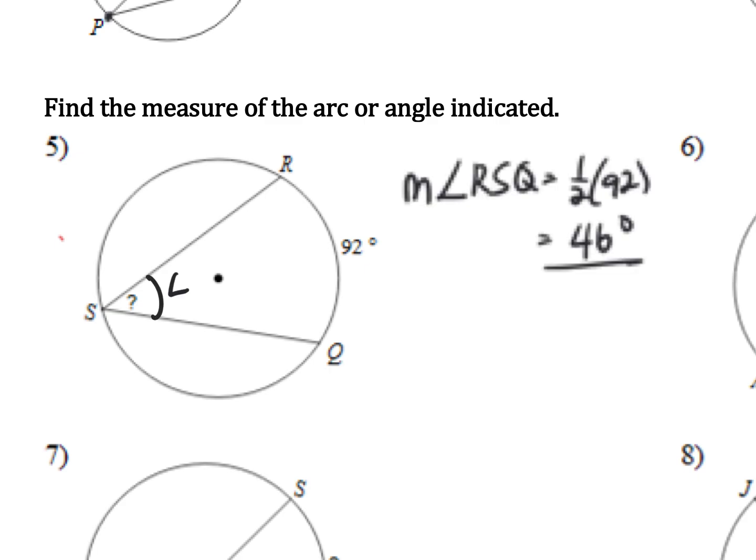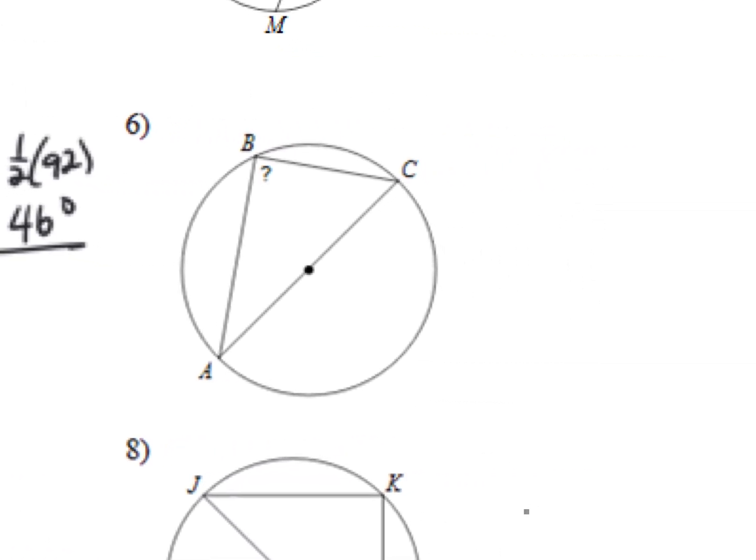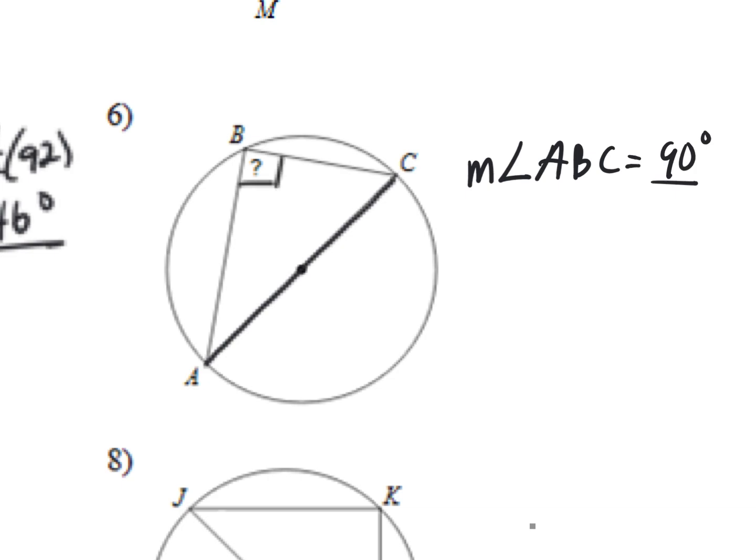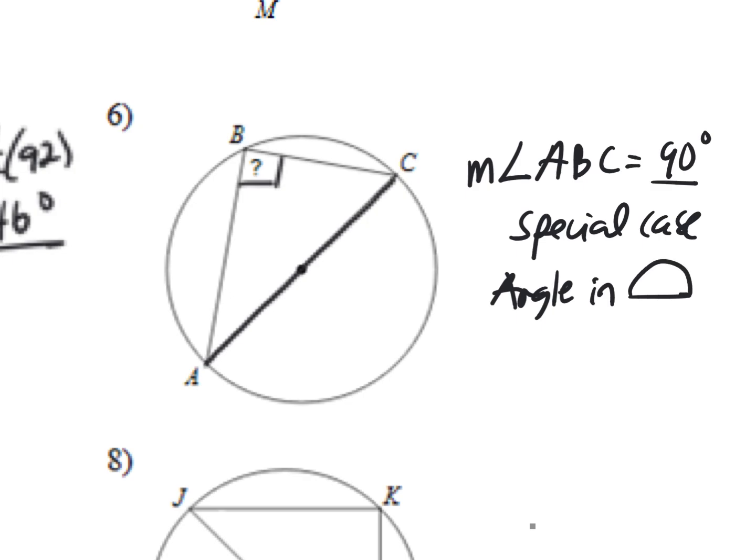Next, in number 6, this is a semicircle. Okay, special case. Therefore, the measurement here of angle ABC is equal to 90 degrees. What special case? That is actually an angle in a semicircle.